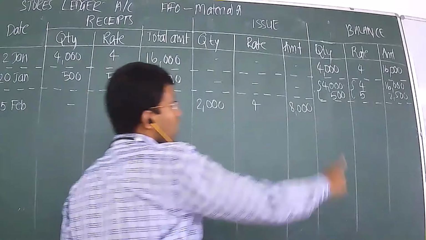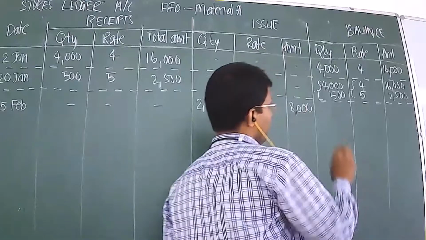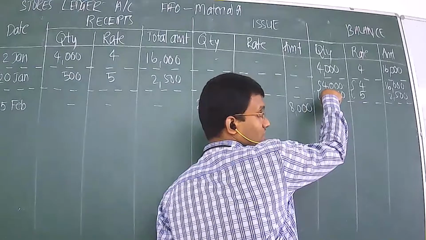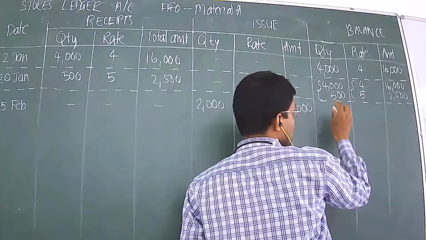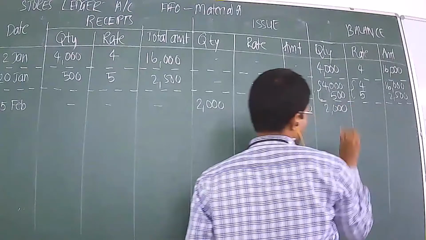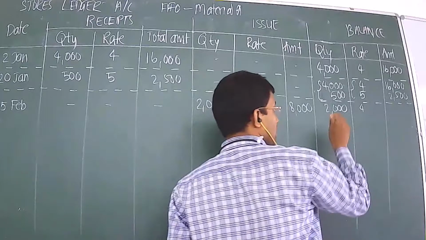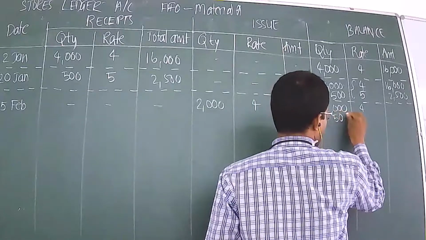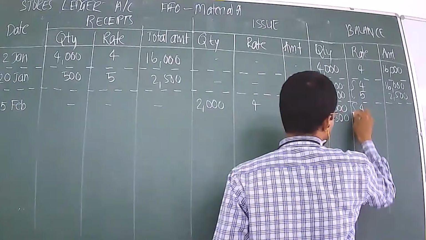Now we have to work out the balance. Remember, we are following FIFO. Out of this 4,000, 2,000 has been issued. So 4,000 minus 2,000, how much is remaining for this batch? It's 2,000, bought at 4 rupees. Next, you still have 500 units that you bought at 5 rupees remaining with you.